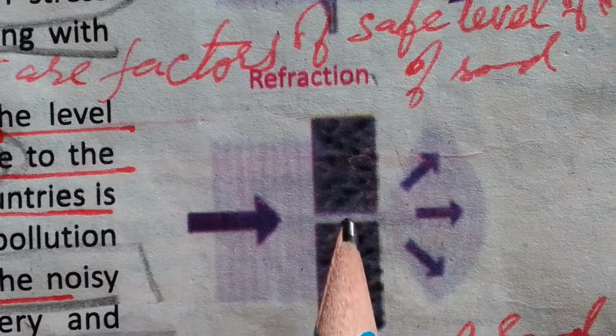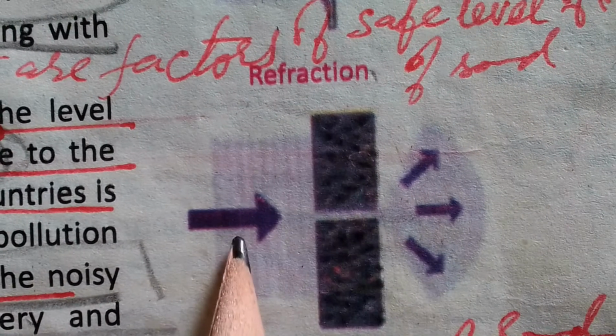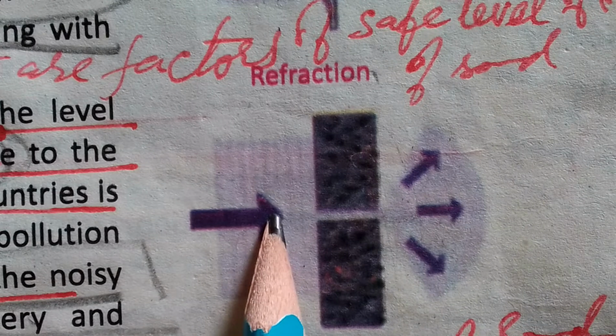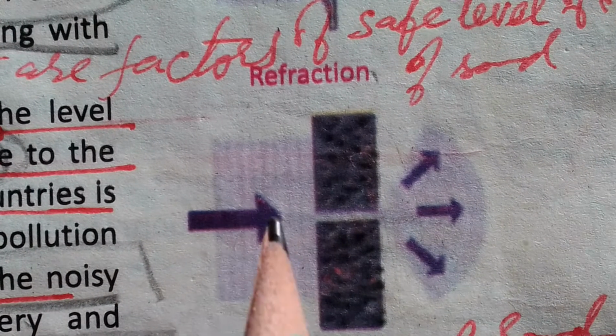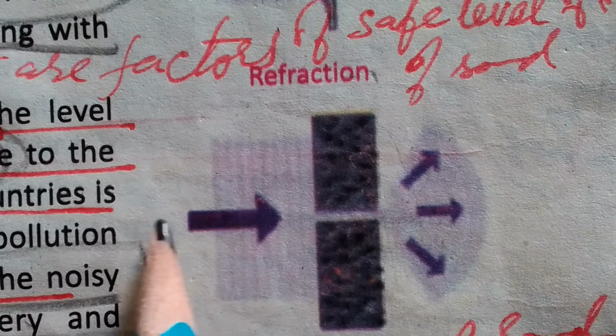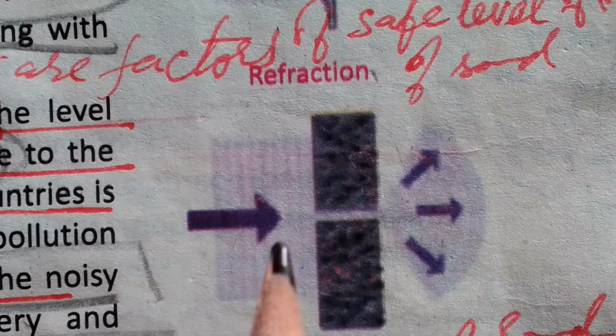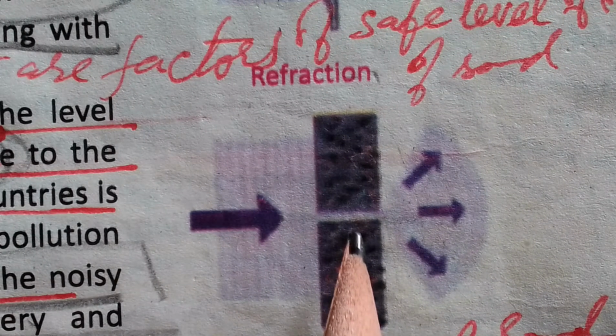These are the three names we use: a barrier in the path of sound waves, a hurdle in the path of sound waves, an obstacle in the path of sound waves. But there is one important thing, and what is that thing?